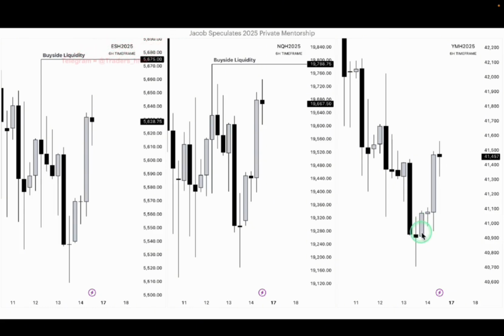On the Dow, as you can see, candle 3 creates a lower open compared to candle 1, while on the NASDAQ and the S&P, candle 3 creates a higher open compared to candle 1's close. So this is what I mean whenever I say the color of the candle means absolutely nothing. The only thing that matters is a cracking correlation between the first candle and the third candle.